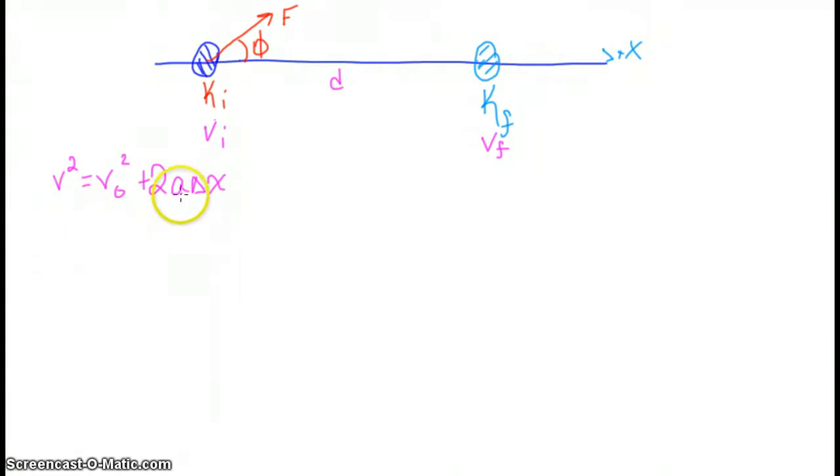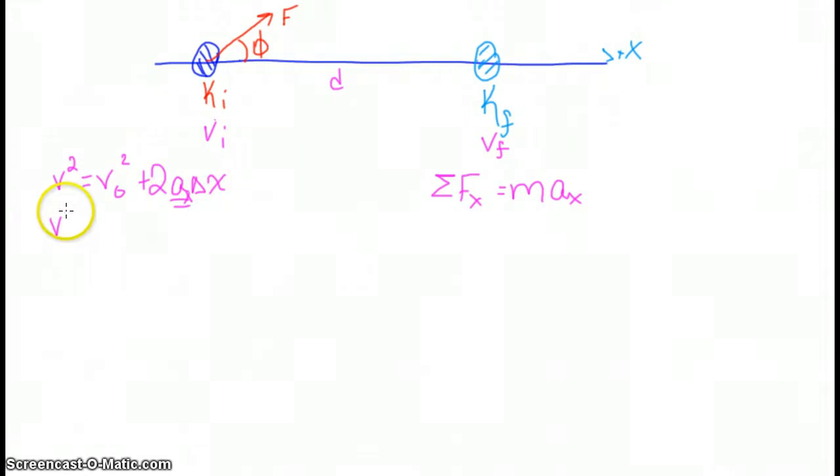Now from this we could solve for our acceleration. We know our acceleration is based off this force, so we know that the net force in the x direction is going to equal mass times the acceleration in the x direction. So that's going to help us find out first what our acceleration is here.